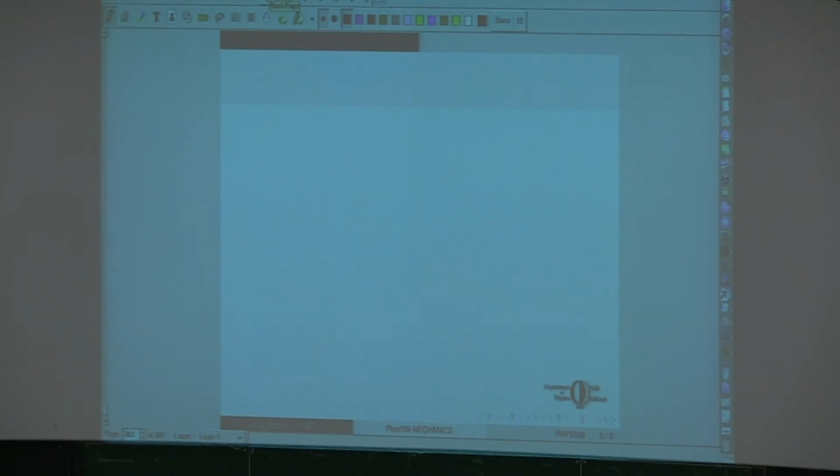Let us do an example. Let's imagine we have a solenoid. This is our solenoid, and that is how we create a uniform magnetic field. And the current is running in this sense. So the magnetic field is pointing out of the screen everywhere.